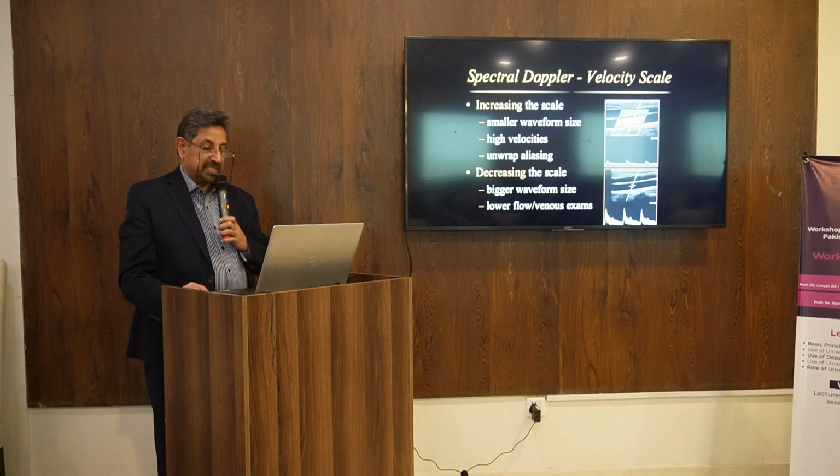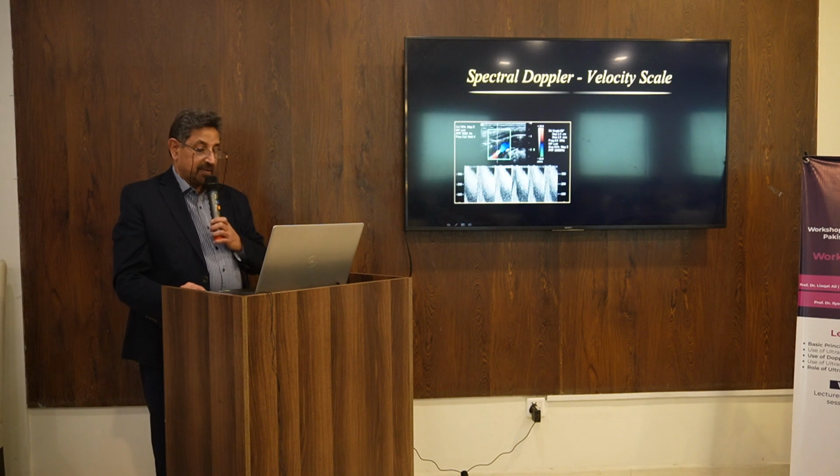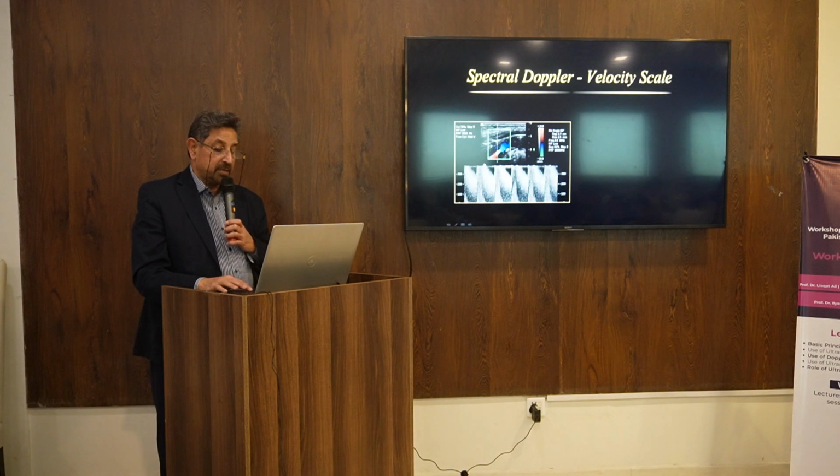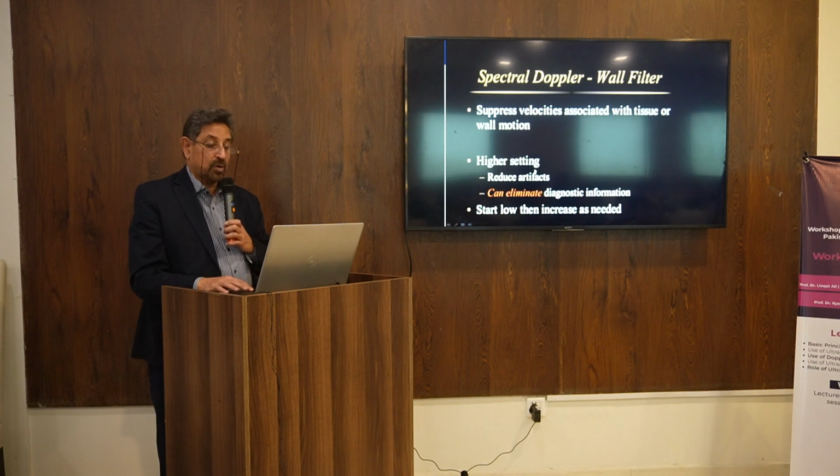So, velocity scale has to be set. If it's not set, you will get headless peaks. This is a spectrum, you don't see the peak. The head is cut off. So you can't measure this. If you measure up to this, you are only measuring about 50% of the velocity. So you can't do anything if you don't know how to set the PRF.